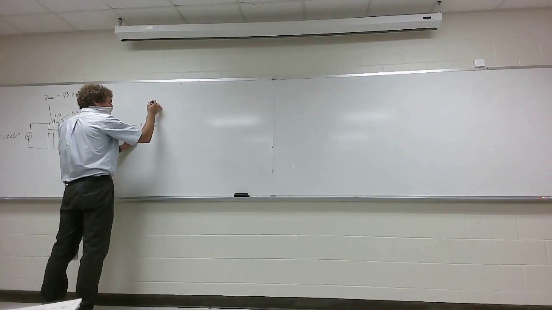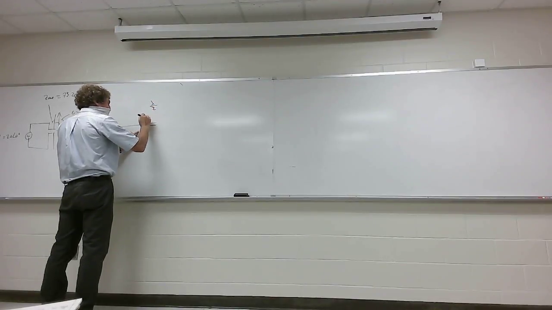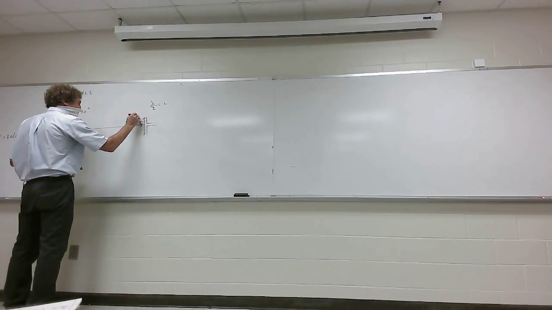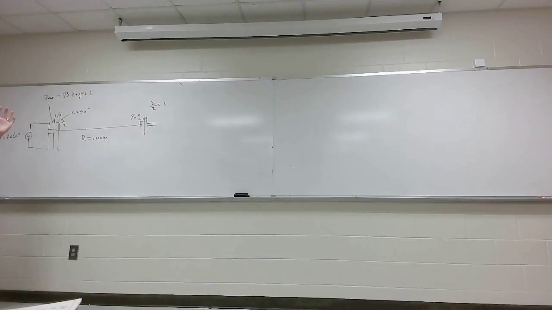And this is going to be right here. This is going to be a half-wave dipole also in length. And it's going to be oriented where this is 90 degrees, so it's receiving the maximum possible signal strength.